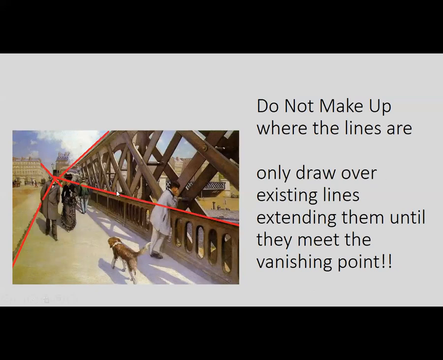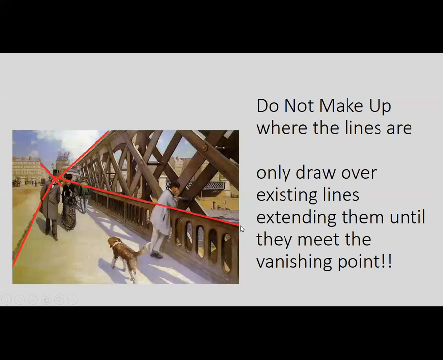So when you first start figuring this out, you're not going to make up some diagonal lines and just look up in the air and draw them wherever you want to. We're not going to do that. You're only going to draw over existing lines, and then you're going to extend them out into space on either side until they meet.